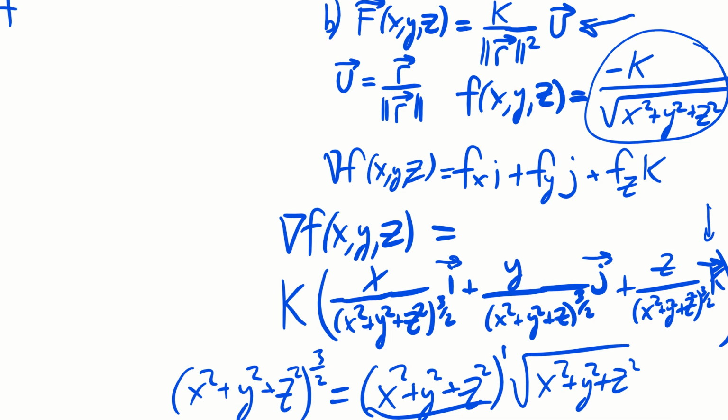So right now, the gradient of f, or del f, is going to be equal to the k that we factored out before.